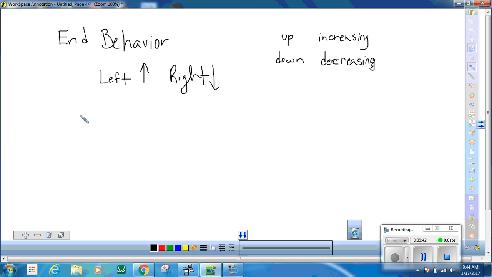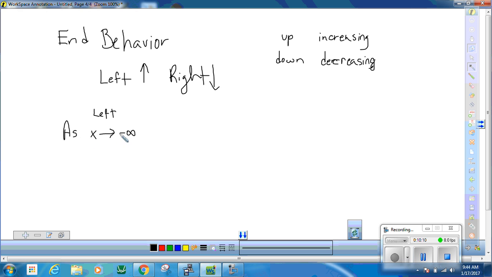So one way that we could write it is as x approaches negative infinity. So when you see this statement, the way we would read that would be as x approaches negative infinity. And the way you would want to translate this is on the left side of the graph. That's what this statement is saying, is what is the graph doing on the left side.